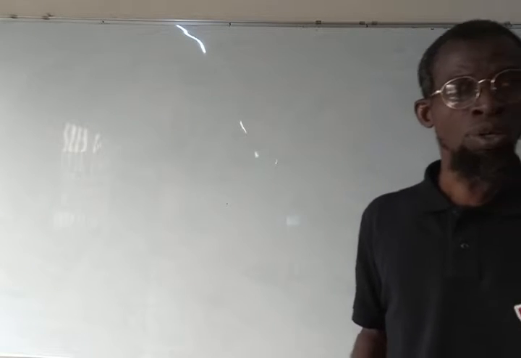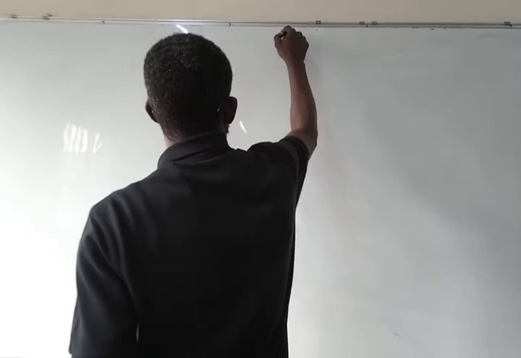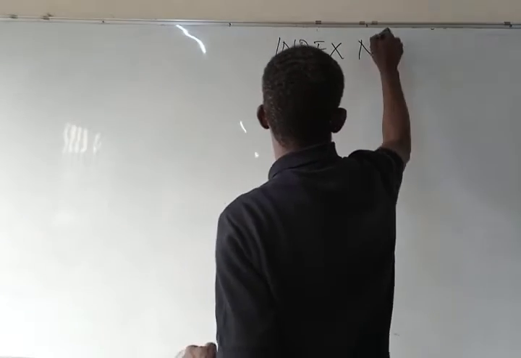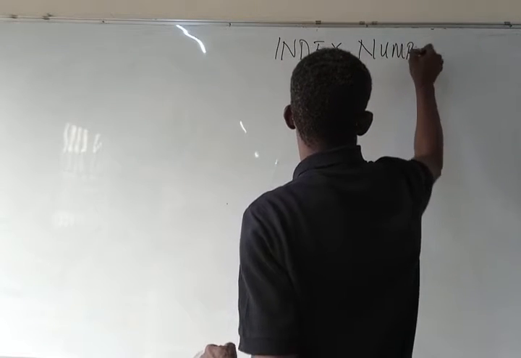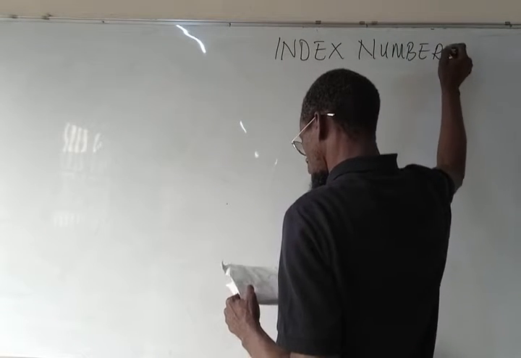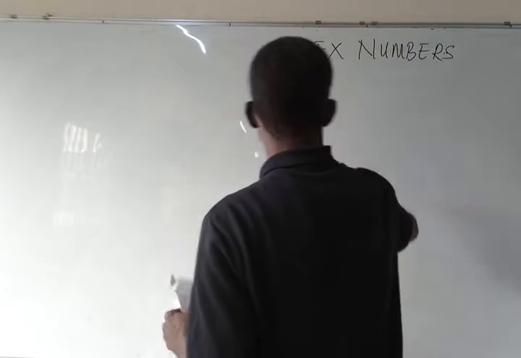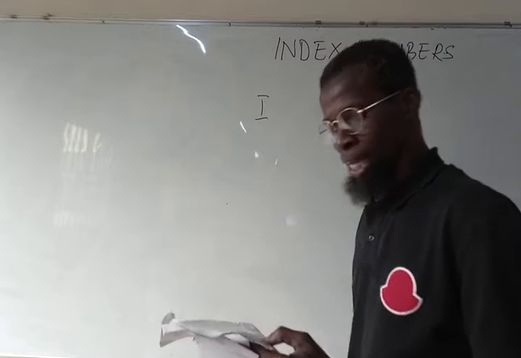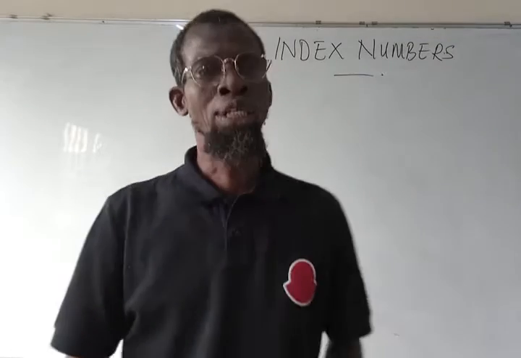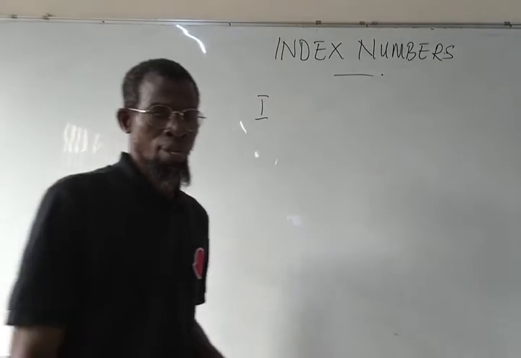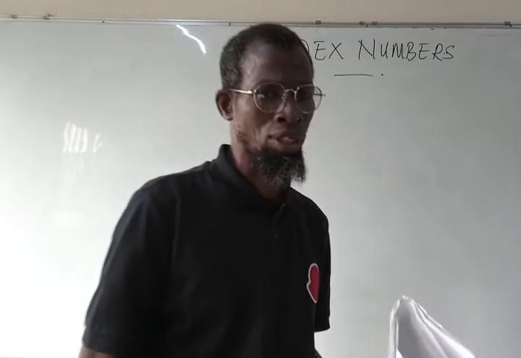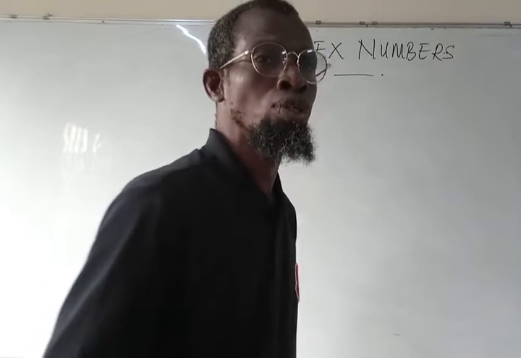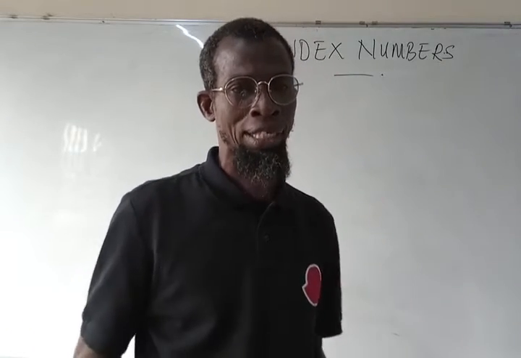It's a ratio. For example, we define index number, which we normally represent as I. We said it's a ratio. If you go back to our secondary school, we will realize that we represent a ratio as one thing over the other.